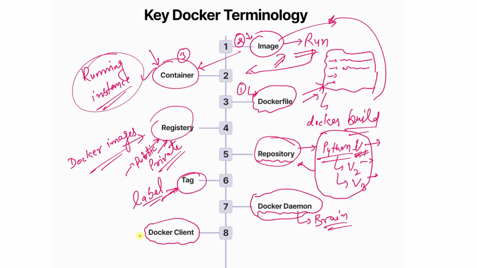Now let's understand the last term, then we will understand the relationship between these. Next is the Docker client. So what is the Docker client? The Docker client is a command line interface, as we have already seen when we run the docker version command. It allows users to interact with the Docker daemon. Whatever command we write here in the command line interface, that command line interface is the Docker client, and whatever command we run here will connect to the Docker daemon.